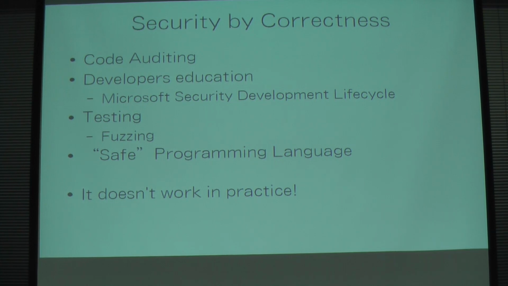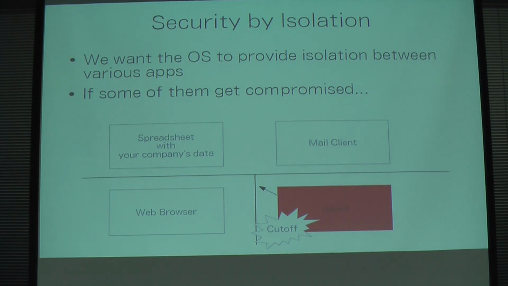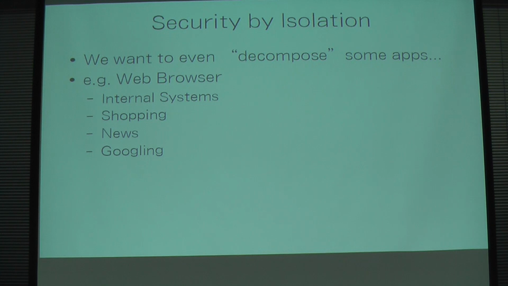So security by isolation is the counterpart of security by correctness. We want the OS to provide isolation between various applications. So if a game is compromised and wants to steal some application settings, but isolation is enabled, this attack is cut off.